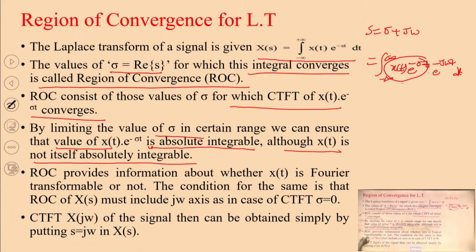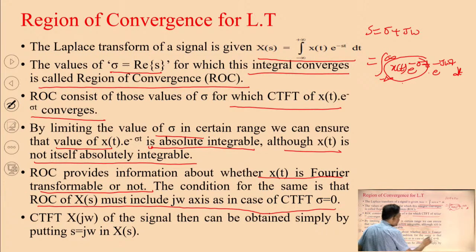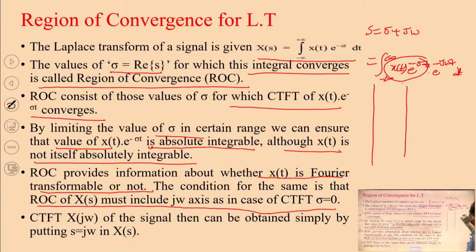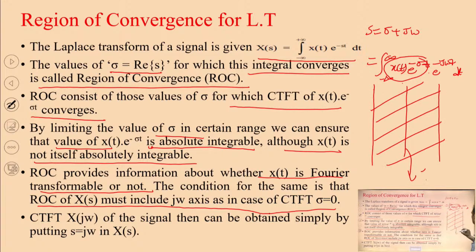Here it is written that ROC provides information about whether x(t) is Fourier transformable or not. The condition is that the ROC of X(s) must include the j omega axis, as in case of CTFT sigma equals 0. Let us suppose we have a signal with a region of convergence like this, and this is the j omega axis.